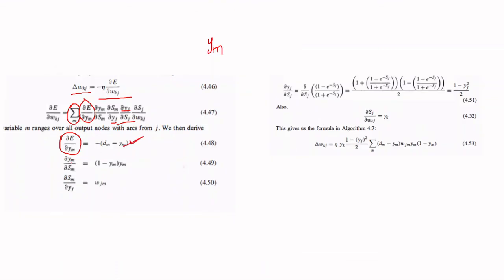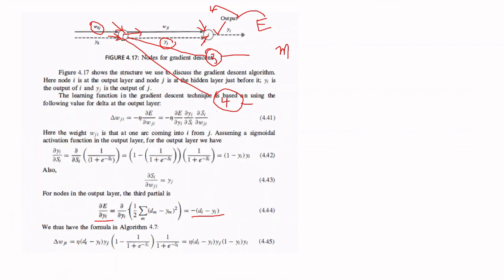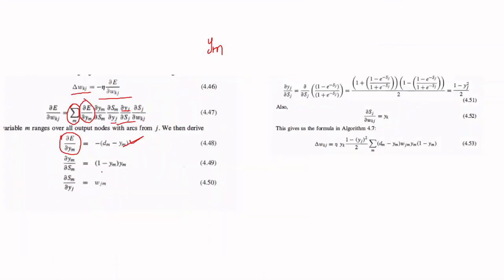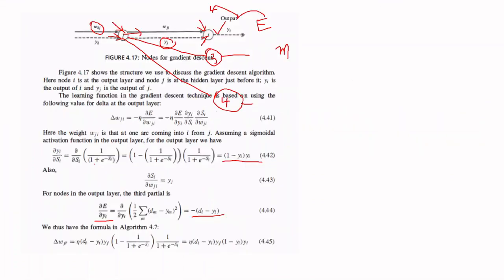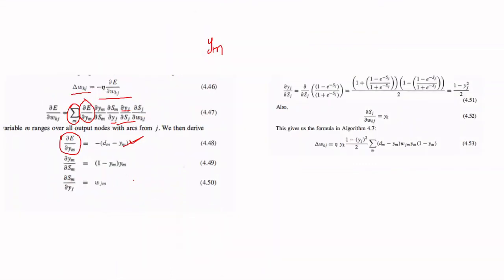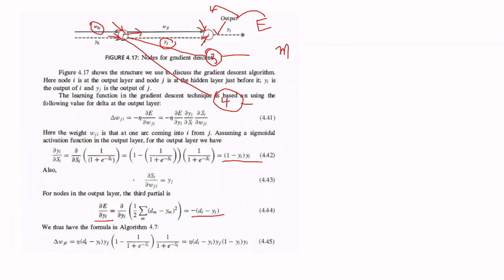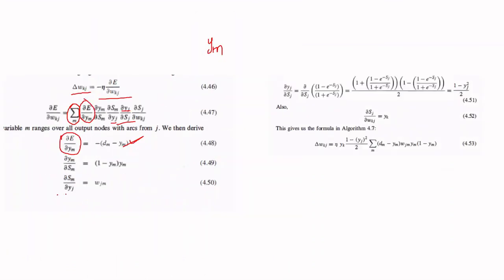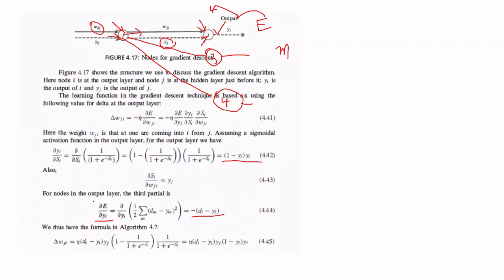Similarly, dou Ym by dou Sm we have already computed. It is the same value as this, Ym into (1 minus Ym). Then dou Sm by dou Yj: if you look at this picture, Sm is the input to this node, and we want the rate of change of Sm with respect to Yj.